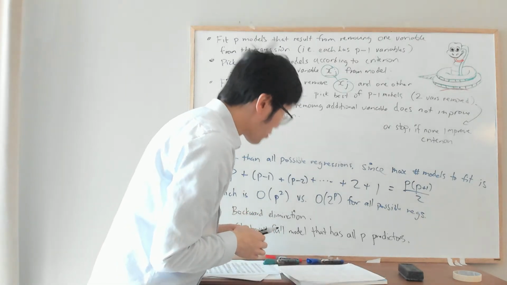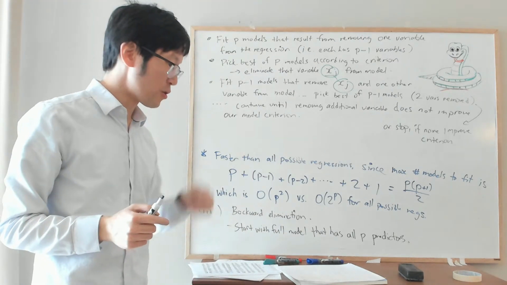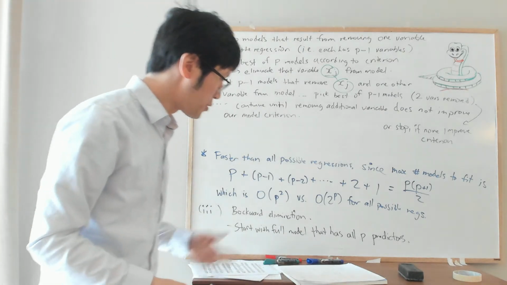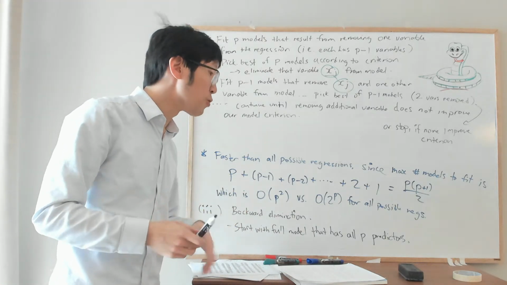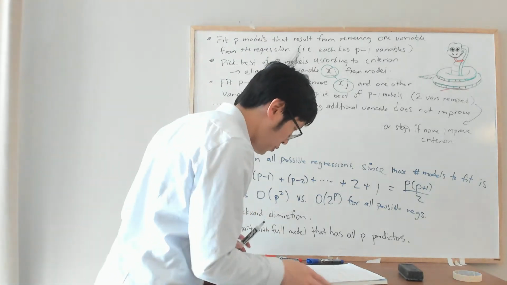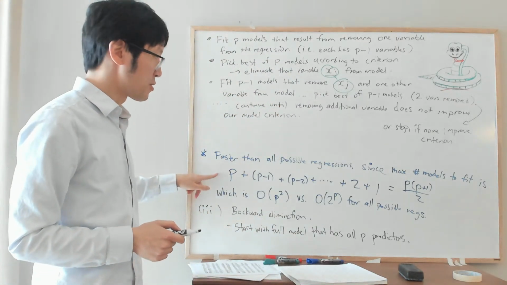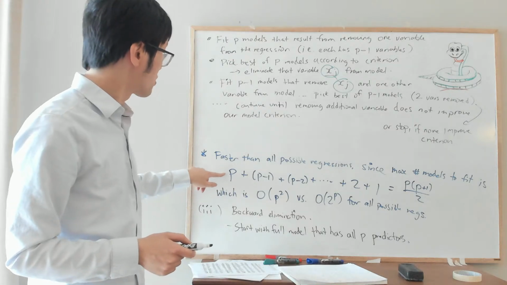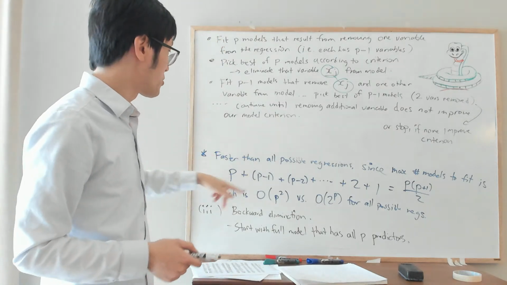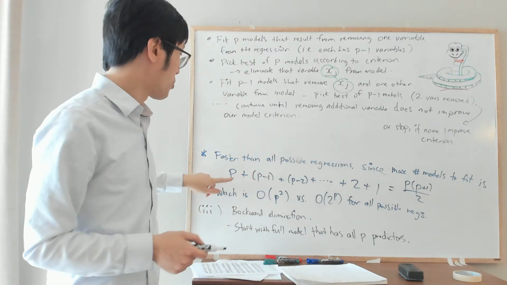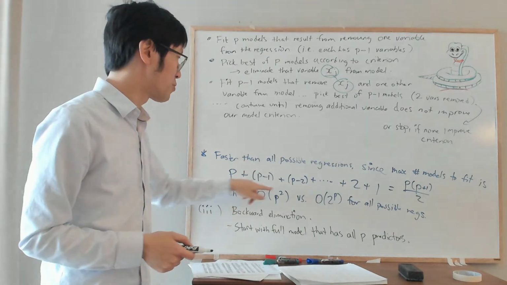If we reach the point where the criterion starts to get worse again when we continue to remove, then we stop, just like in forward selection, where we stop when the criterion no longer improves when we add an additional variable. And so computational complexity is the same as forward selection, because we start again by fitting P models removing one predictor, and then P minus 1 models removing a second predictor, and so on.